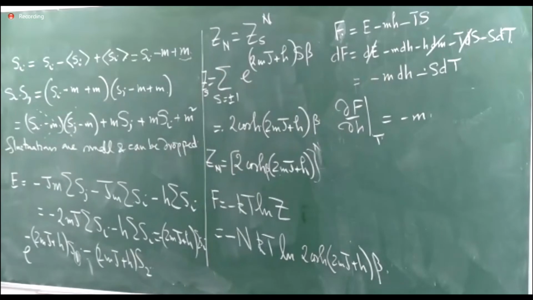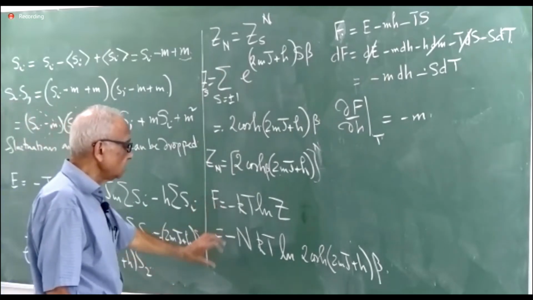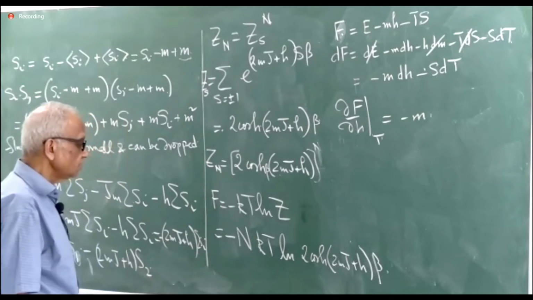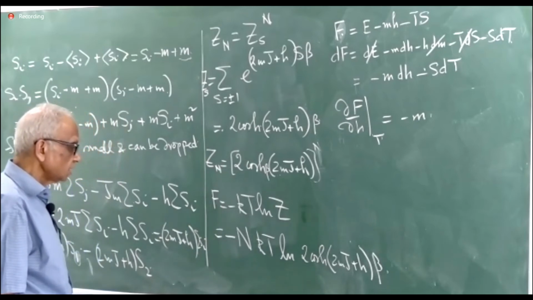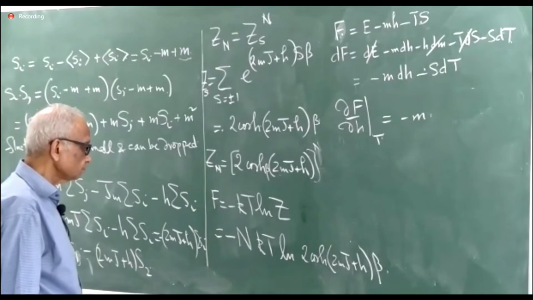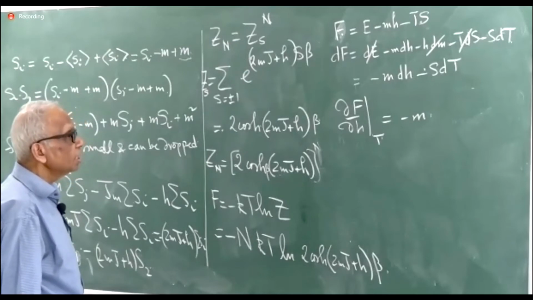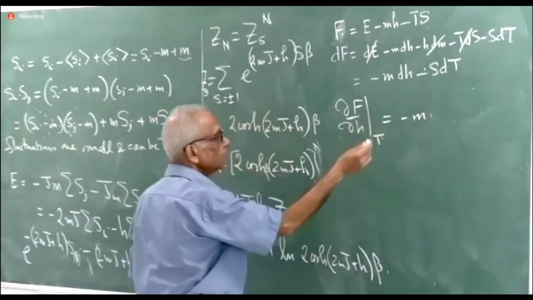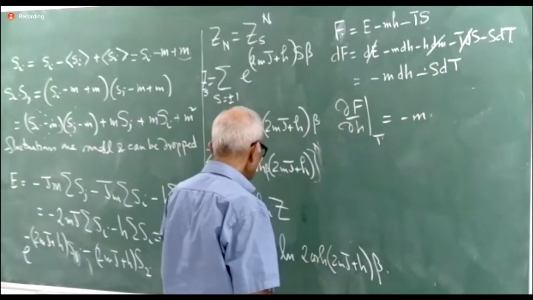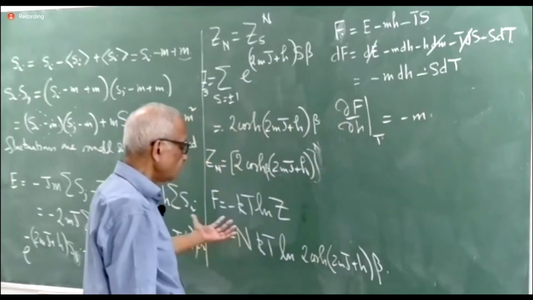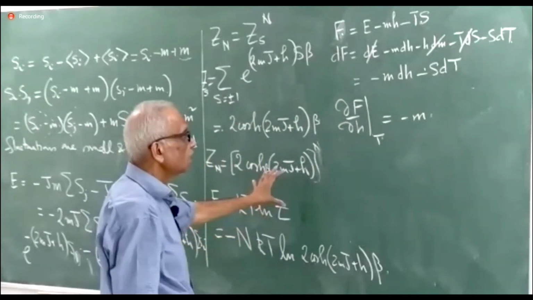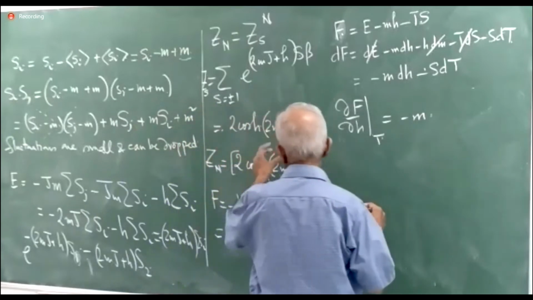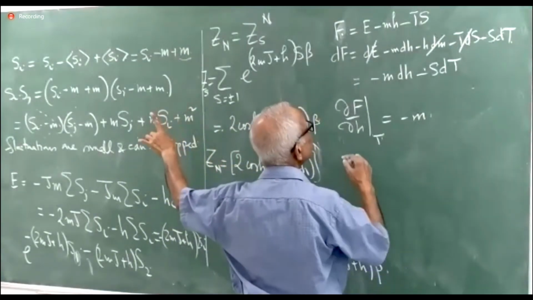So del F del H is minus M, and therefore I need to take a derivative over here to get at this free energy, and this has to be M, which is the total magnetization. I need to be a bit careful about the notation here. I'm being sloppy. m is the per-site average.